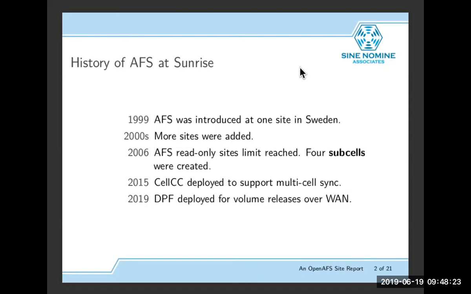As you know, in OpenAFS you have a limited number of read-only replicas per read-write volume, so they ran out of replication sites that they needed. So they started creating subcells, which is a common way of scaling AFS out horizontally, and Ralf came up with a way of managing that data.